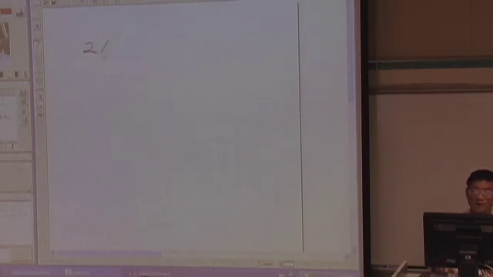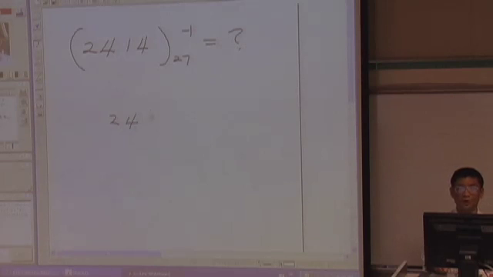2414 inverse should be found, right? 2414 inverse with 27 should be found, right? So to find it, what should we do? 2414 divided by 27. 2414 divided by 27 gives us about 9 might work, right?